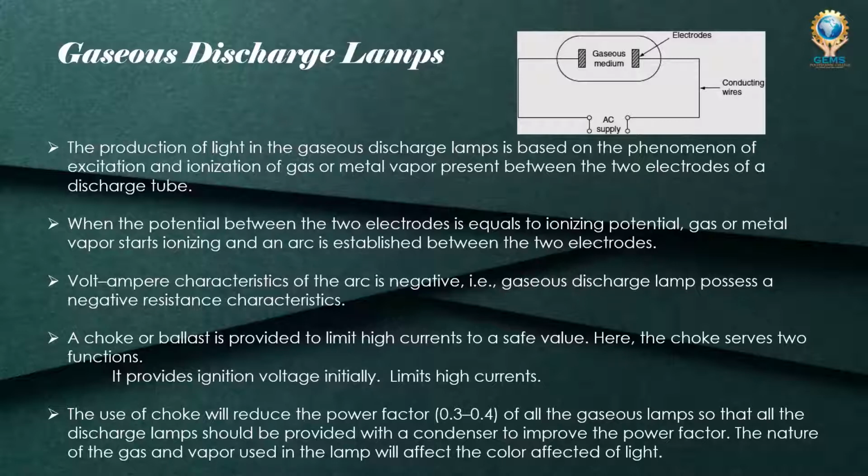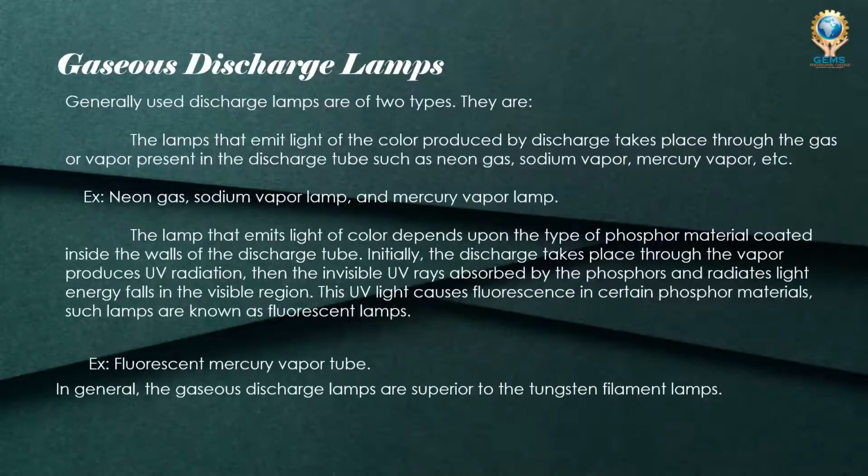The nature of the gas and vapor used in the lamp will affect the color of the light. So the material will decide the color of the light. Generally there are two kinds of discharge lamps. One will directly emit the light when the current flows through it.